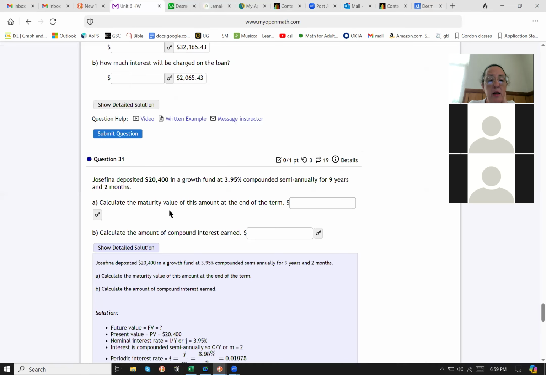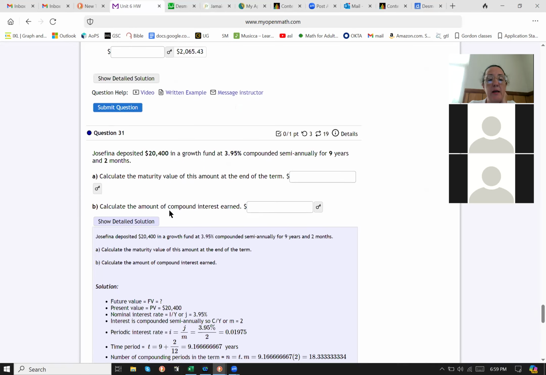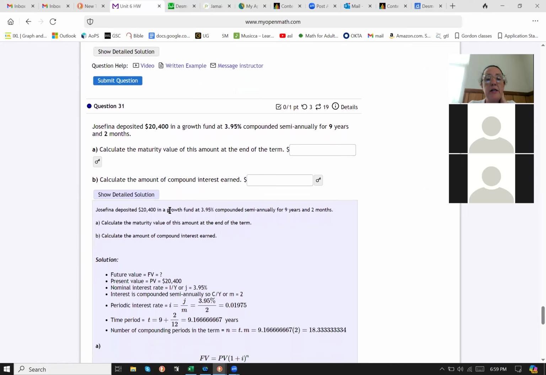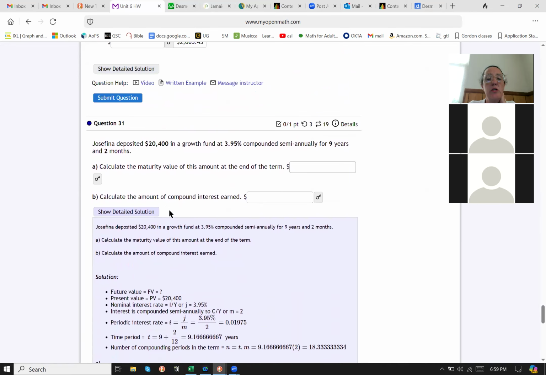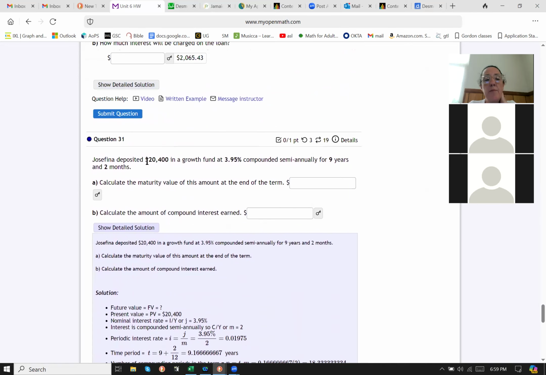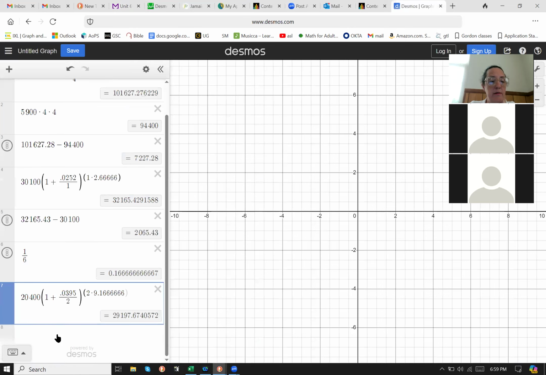Okay, and then we're supposed to calculate the amount of interest that was earned. So we just need to take off the amount that was deposited, the $20,400, from that.